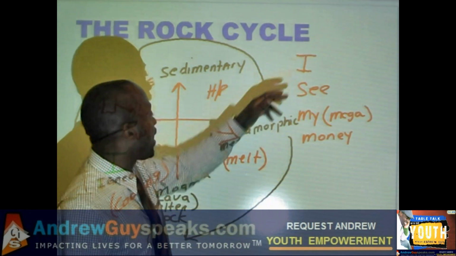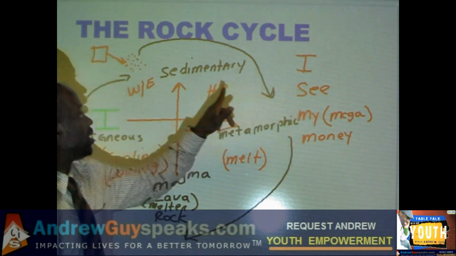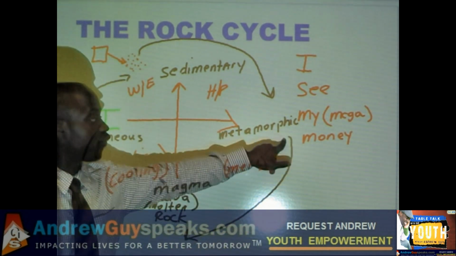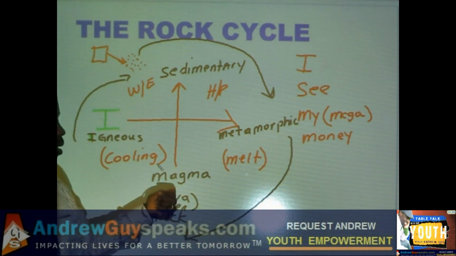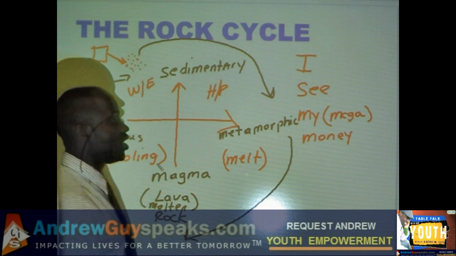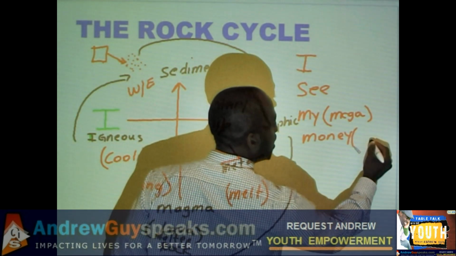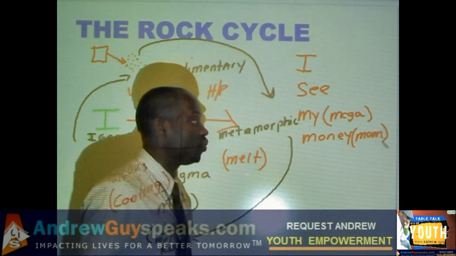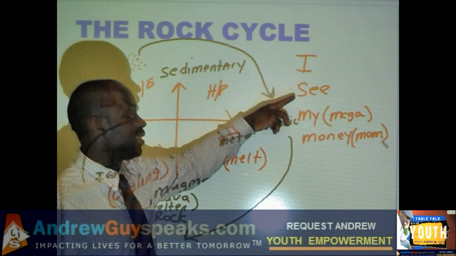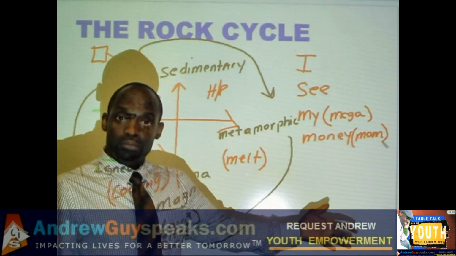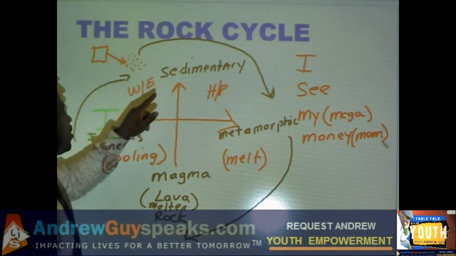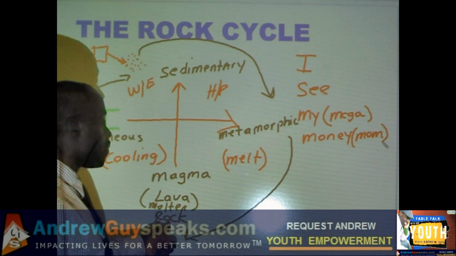Listen now. I, igneous. C, sedimentary. My or mega, metamorphic. Money for magma. Or I've seen some, here's an example, some people may want to use this. Okay? I see my mama. That's another way to look at it, because that's going to help me to remember igneous, sedimentary, metamorphic, and magma.